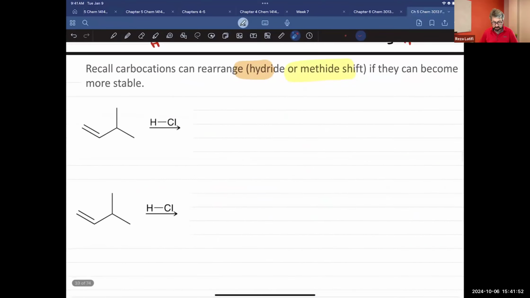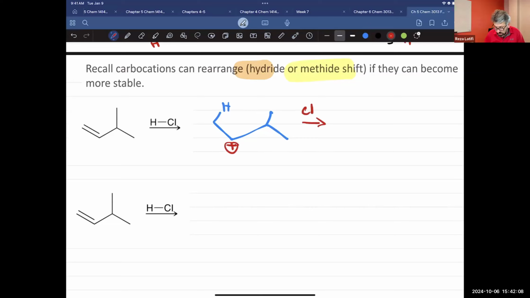The last thing I want to talk about: we have such a molecule, and we're going to add H to it. Let's add the H here. That means we're going to have a positive charge here. Next step, the chloride will attack it, and we get this product.